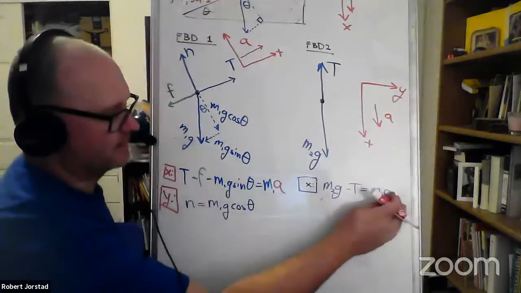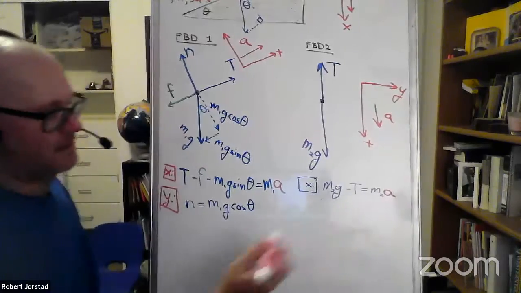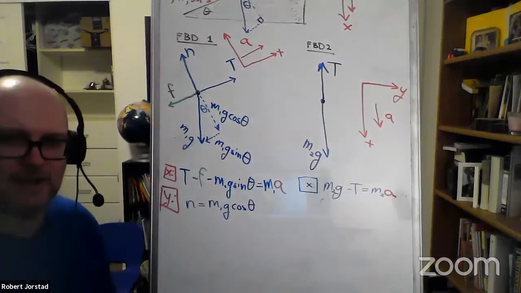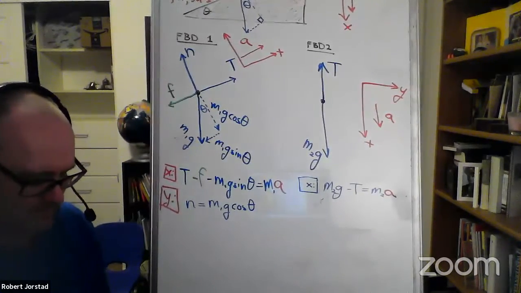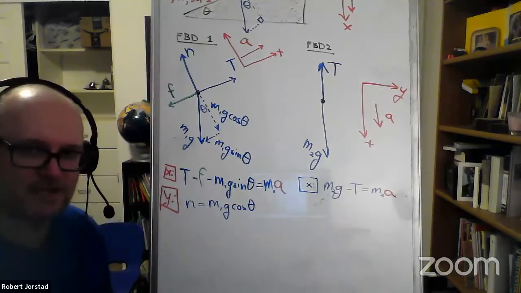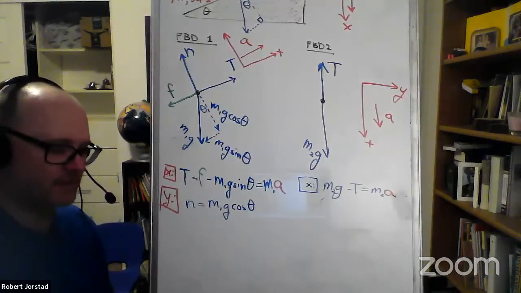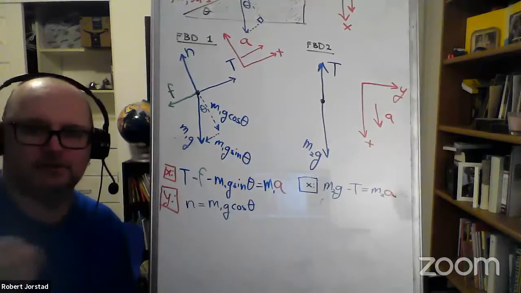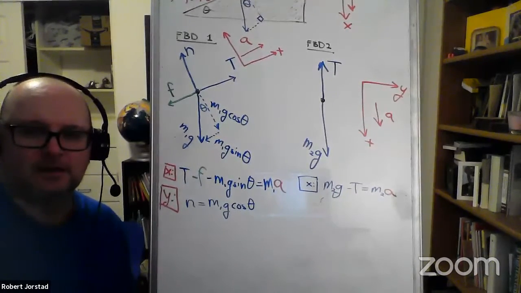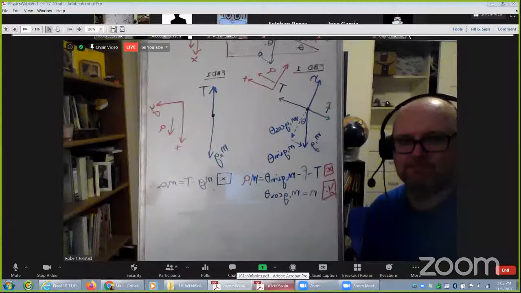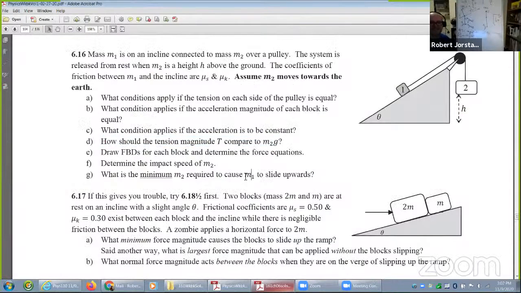Color code that a little bit. All right. What would you do now? What's a good thing to do at this stage? We did the FBD. We wrote some force equations. What's a logical thing to do? Read the problem. Yep. Nice. And this doesn't always work, but it usually does.